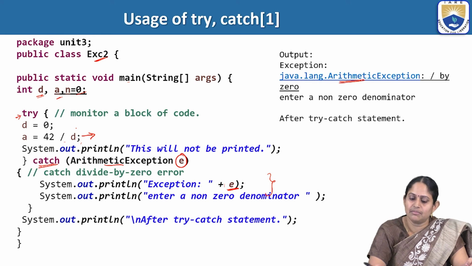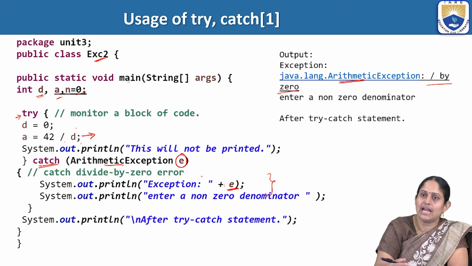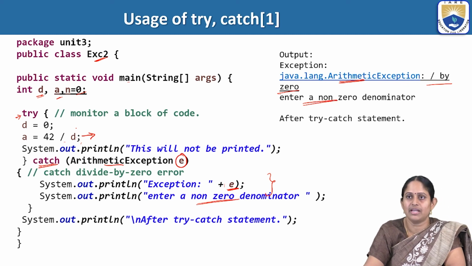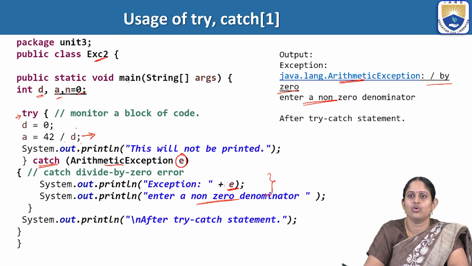The type of the exception object is ArithmeticException, and its message is division by 0. So how do we handle it? We have to give a non-zero denominator, so that error message is also displayed. And since we have handled this exception, there won't be any interruption to the flow of the program.